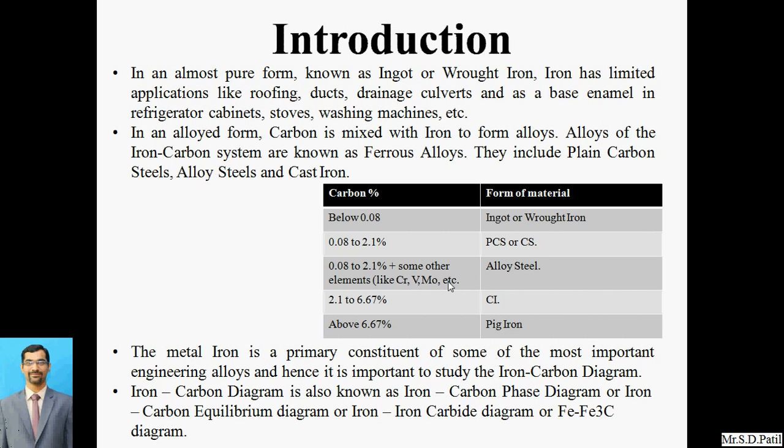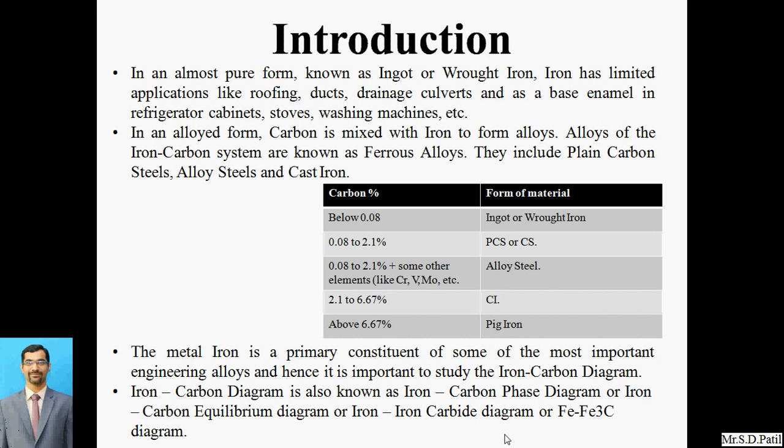The metal iron is a primary constituent of some of the most important engineering alloys, and hence it is important to study the iron carbon diagram. So basically iron is the primary constituent of most engineering alloys, so it is essential to learn the iron carbon diagram.